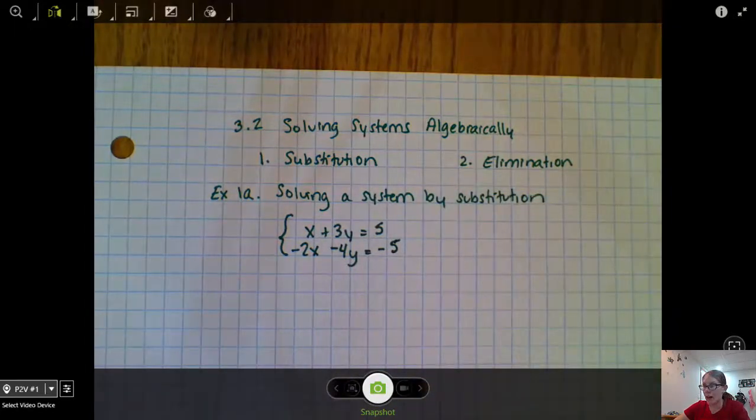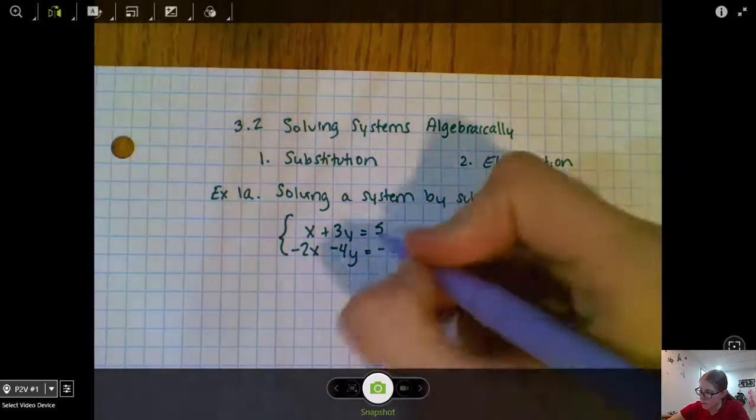Okay, when I'm trying to figure out what strategy to use to solve a system of equations, substitution is really good if you can easily get a variable by itself.